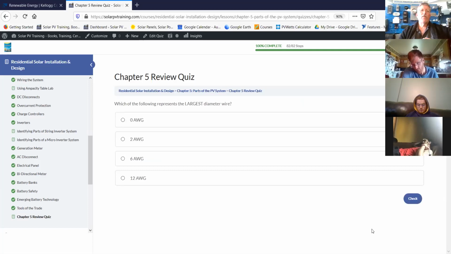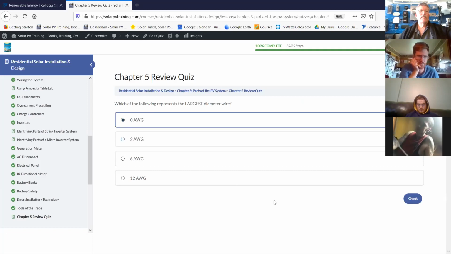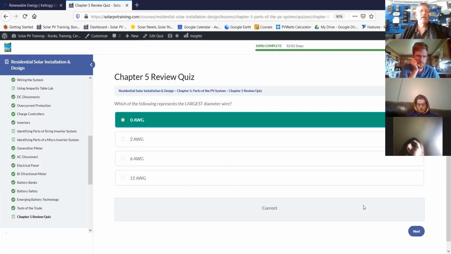Which of the following represents the largest diameter wire? Zero. Out of those four? Zero. Yeah, the smaller the number, the bigger the wire. So 0 gauge is bigger than 2 gauge, is bigger than 6, and the like.